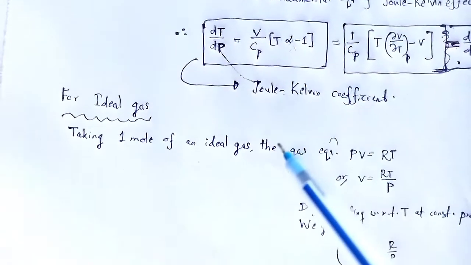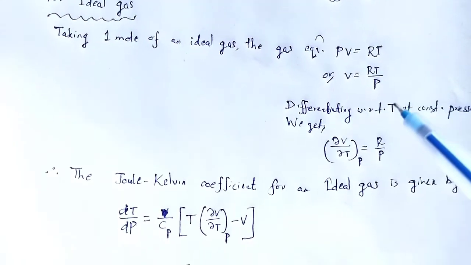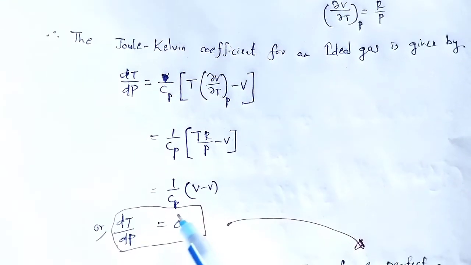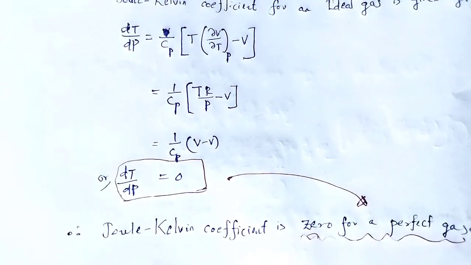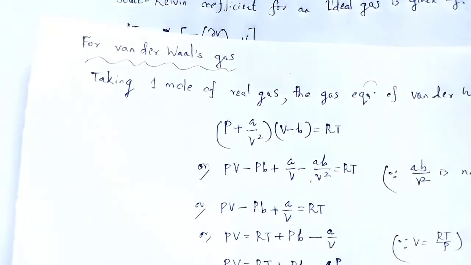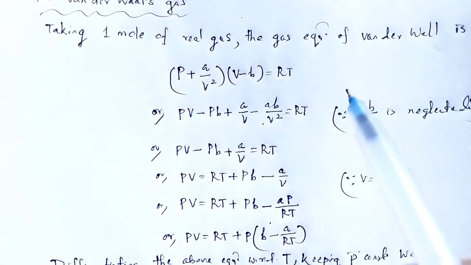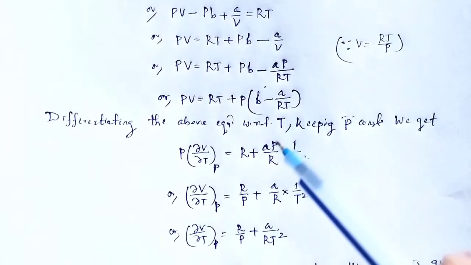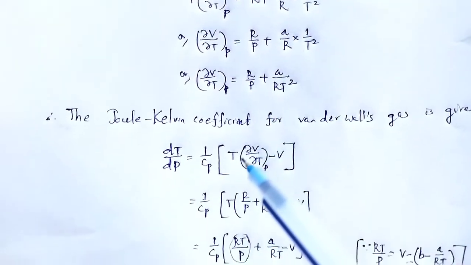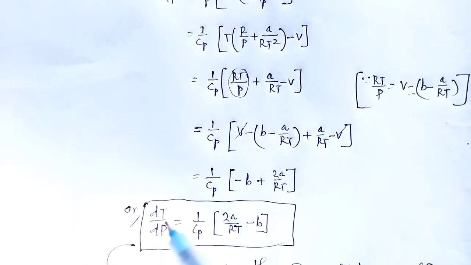So for ideal gas, the Joule Kelvin coefficient is equal to 0. Now for Van der Waals gas, the Joule Kelvin coefficient is as derived.